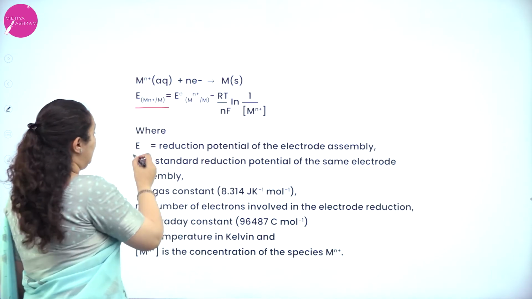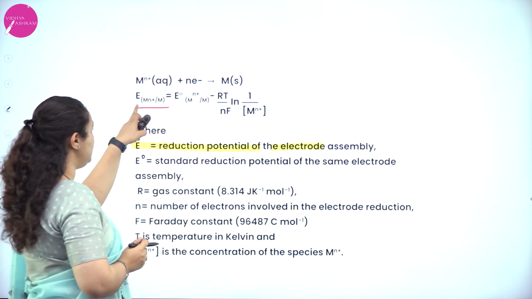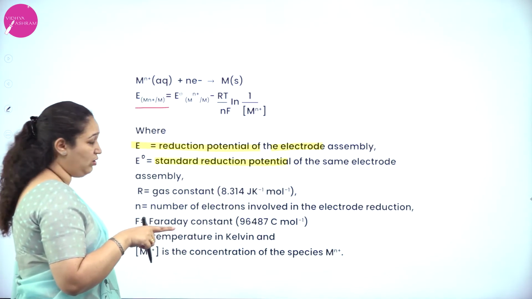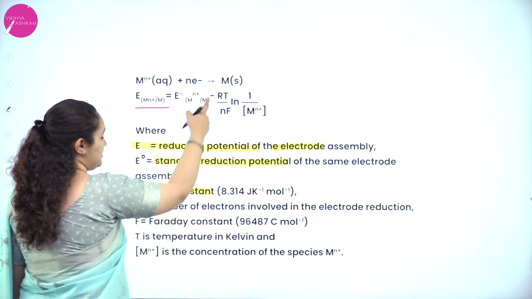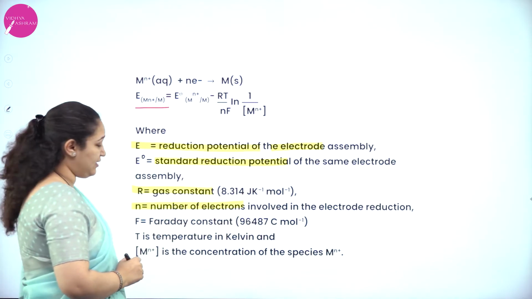Here, E is the reduction potential of the electrode. E naught is the standard electrode potential of the same electrode. R is the gas constant. n is the number of electrons involved in the electrode reaction.